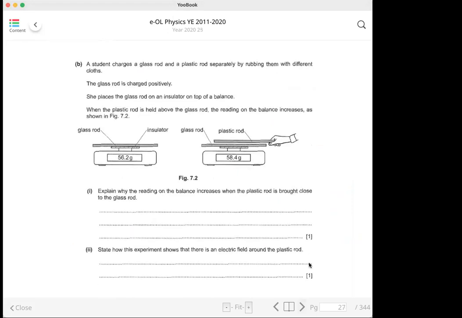Okay, now do part B. B question 1 and 2 are just 1 mark each, so do not take too long. Okay, you all may begin.